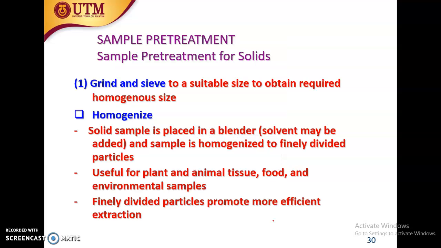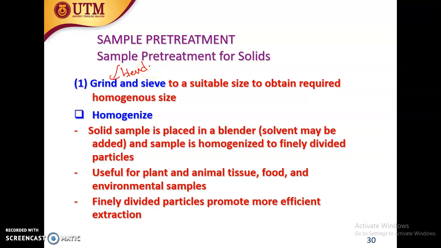Okay, so after you get the sample, you get the bulk sample, and then you combine it. Still it is different in terms of size, right? So how do you want to make it homogeneous? Easy. You can grind, or the easiest one is, if it's in the lab, you can blend using a blender.